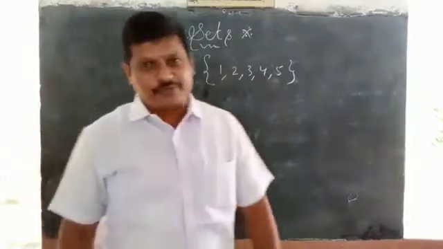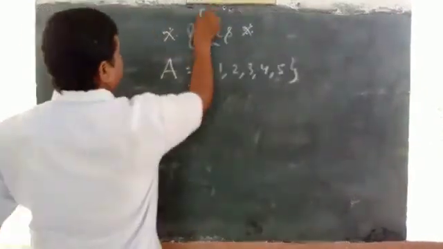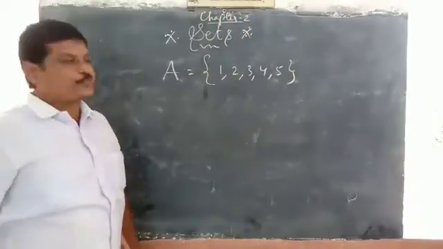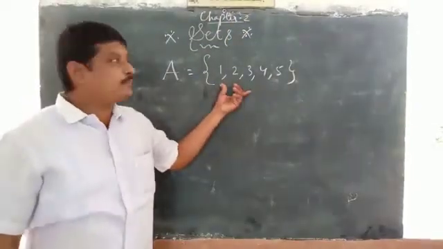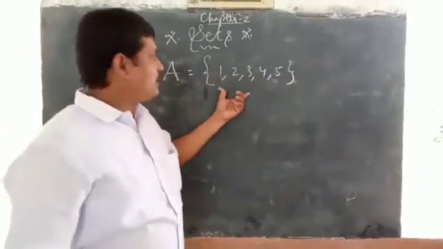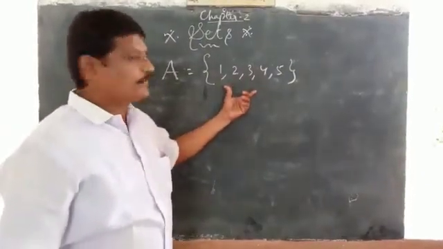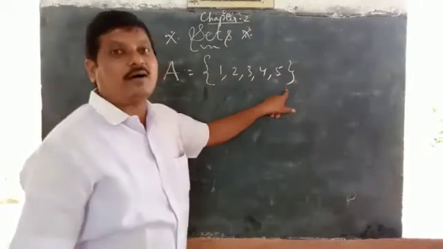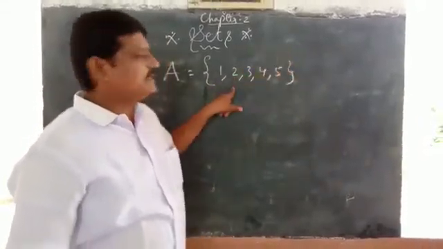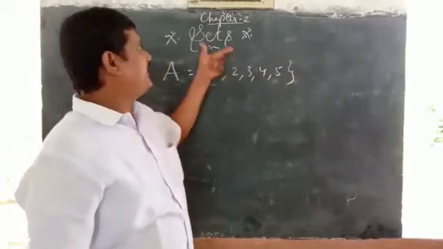So this is our new chapter in 10th class. Chapter 2. What is the definition of a set? Very simple. If we take well-defined elements and close them with a brace or flower bracket or curly bracket, this total is called a set.